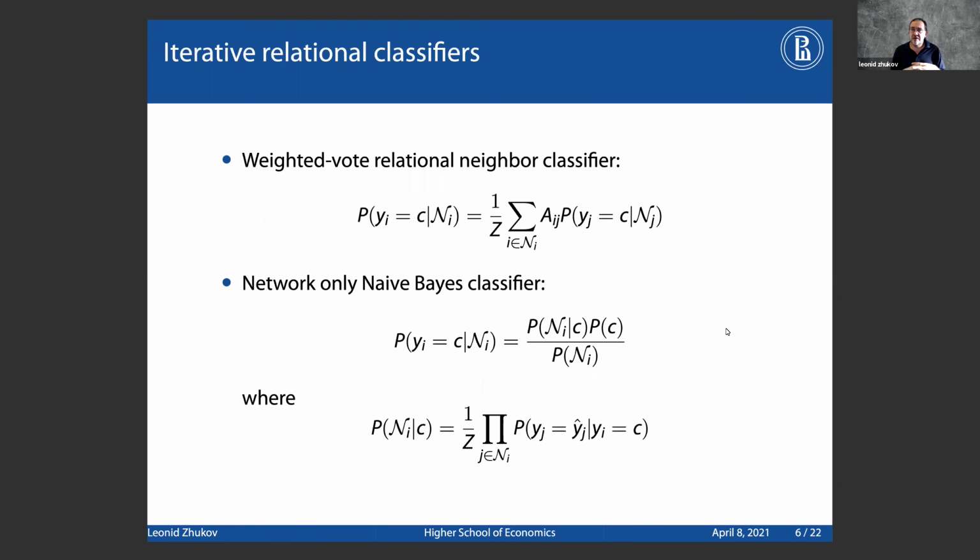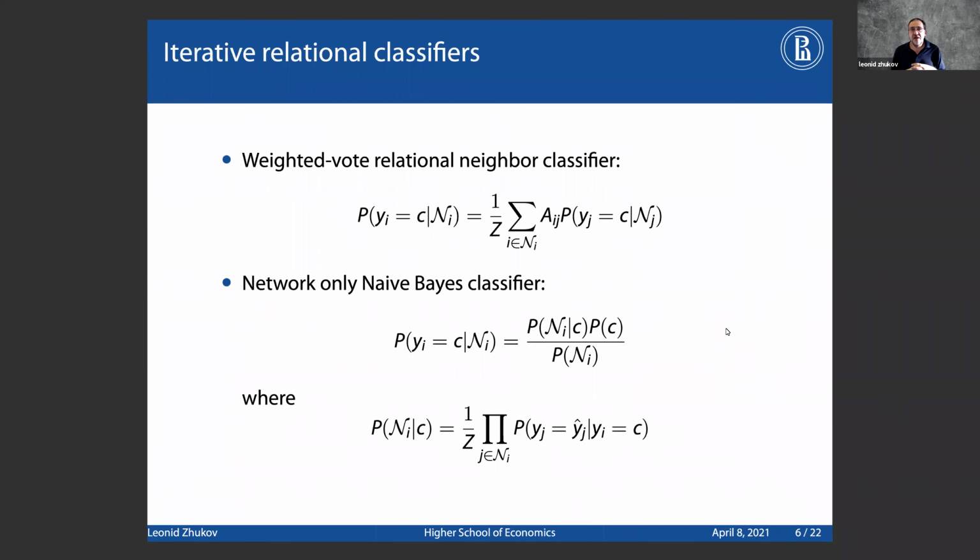But if you think about this in more general form, and we think not only about numerical values, but class labels, you can build a probabilistic type of classifier. And there are really two ways of doing it.